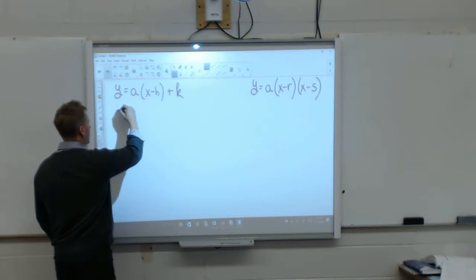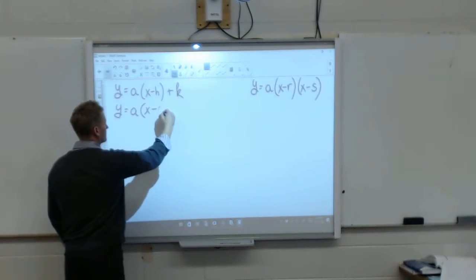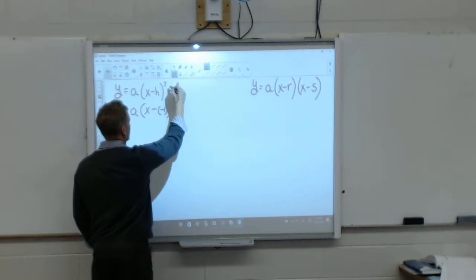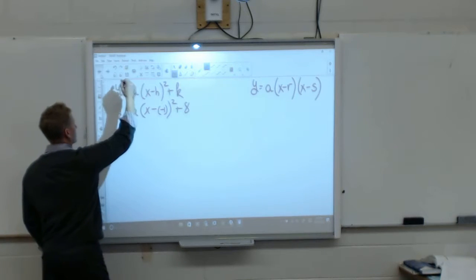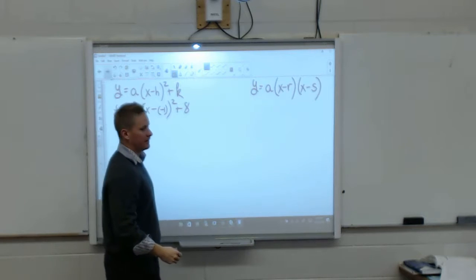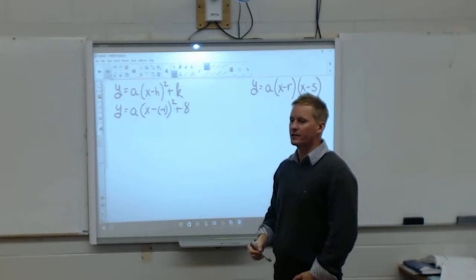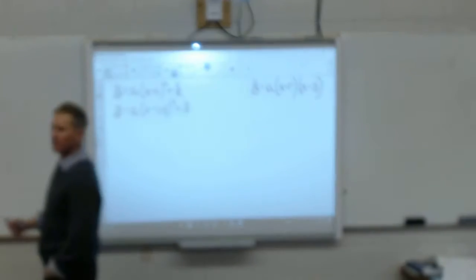All right. So knowing the vertex, I can do this. So from there, I've got the vertex. So what's the one value I have to find in order to get this equation now?